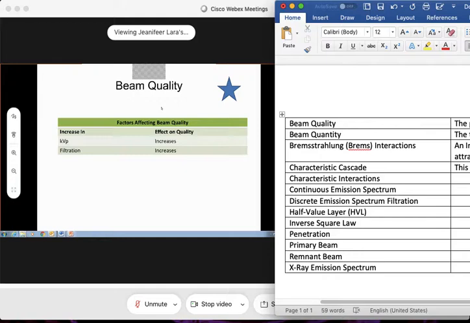That number or quantity of electrons will have a direct impact on how many photons are created. So mass controls beam quantity because it controls how many electrons are being boiled off. Absolutely correct. You should be filling that in on your chart. How does KVP control beam quality?